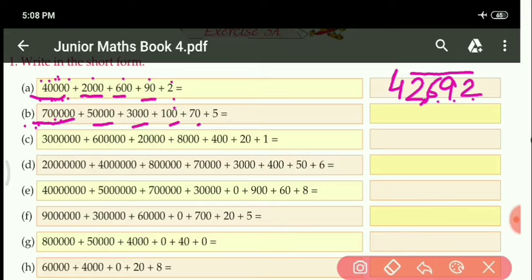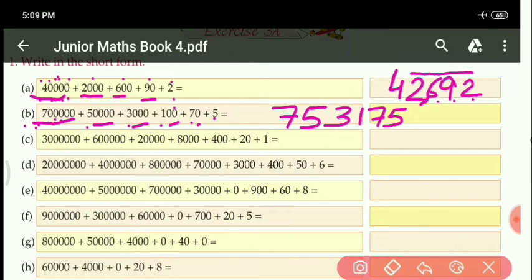Otherwise we can read the place also. At ones place what is given 5. So here write 5, and tens place is 7, 100 place is 1, 1000 place is 3, 10,000 place is 5, and then lakh place is 7. Okay, so required number what is coming? 753175.